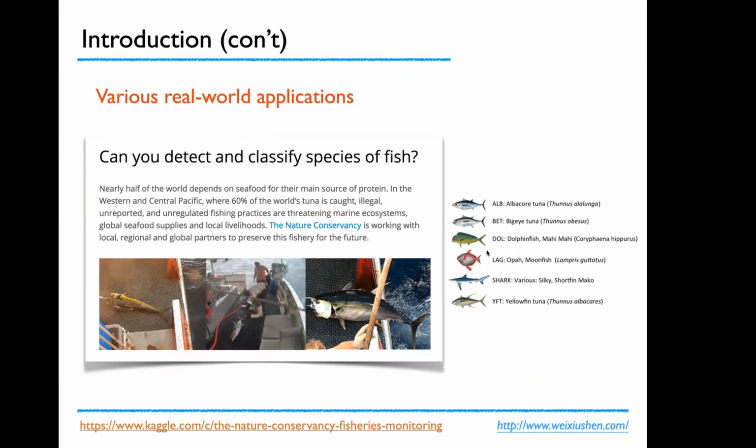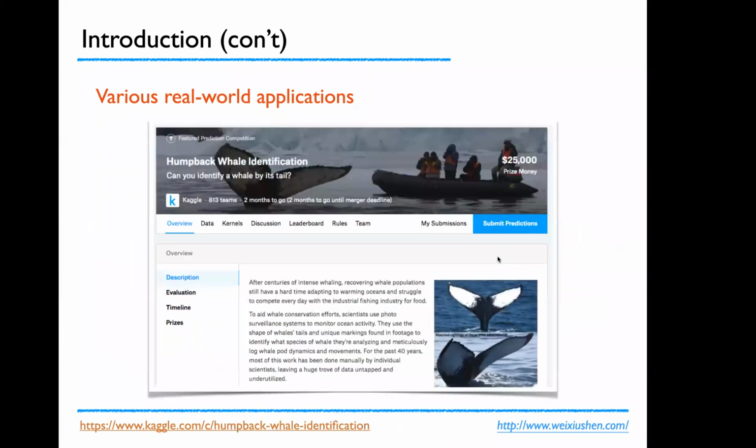Apparently, it is a fine-grained recognition task. And in the next year, another competition held by the Nature Conservancy was announced on Kaggle. This task required identifying humpback whales based on the patterns of the whales' tails, using fine-grained techniques.